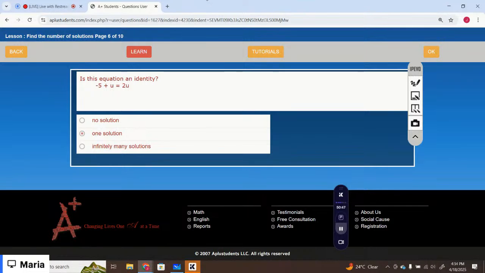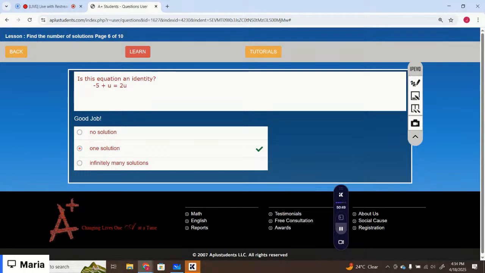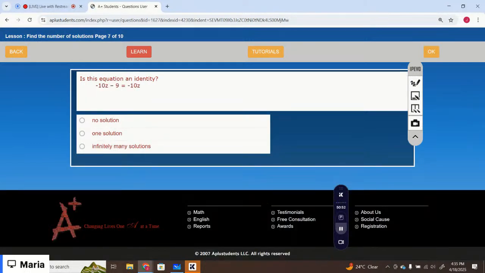Option number two is the correct option. That is one solution. Is this equation an identity? No solution. Option number one is the correct option.